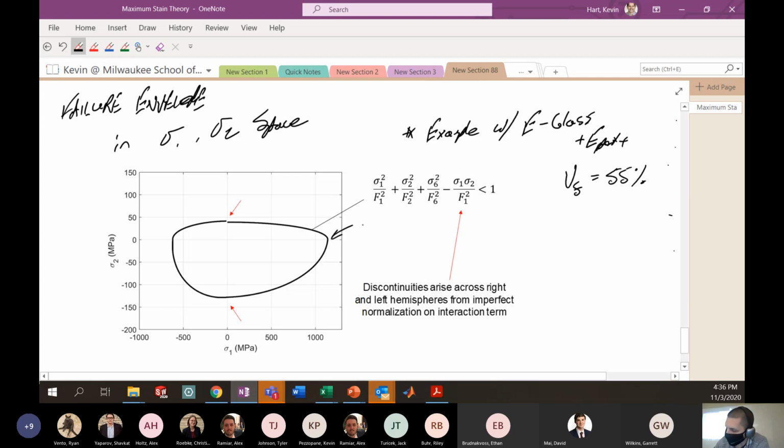Still out here we have F1T. Still over here we have F1C. Our critical values are still present, right? F2T down here, F2C, etc. So we still have those critical values that we're running into at those edges.